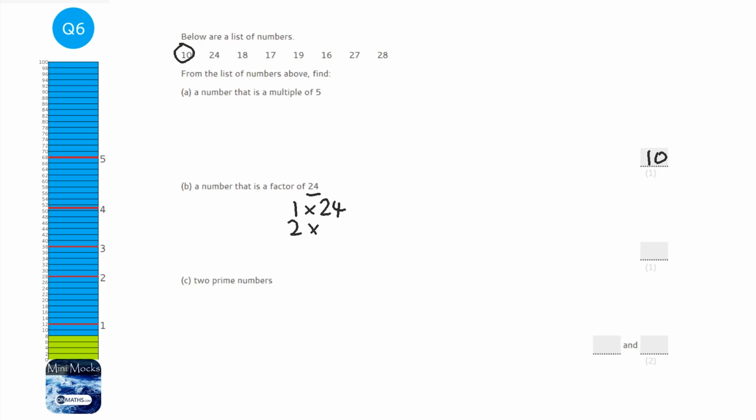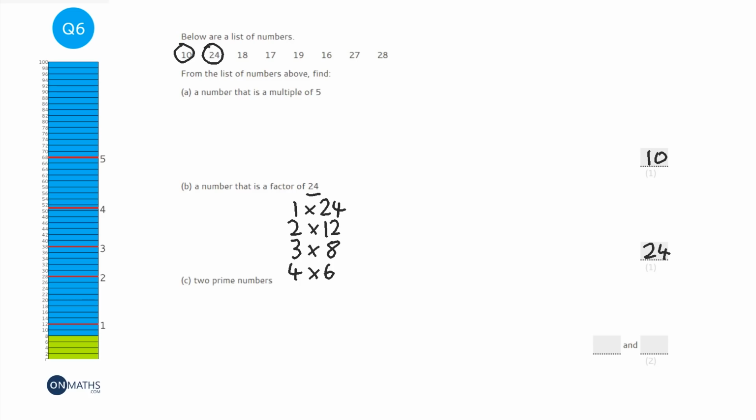Then you go 2 times 12, 3 times 8, 4 times, and you think how many 4s? 6. 5 times, well that doesn't work. 6 times we've already got. So those 8 numbers are the factors of 24. Then I look at the list, well, already there's a 24 there. Is there any other ones I could have written? I don't see any other ones, so 24 is my answer there.